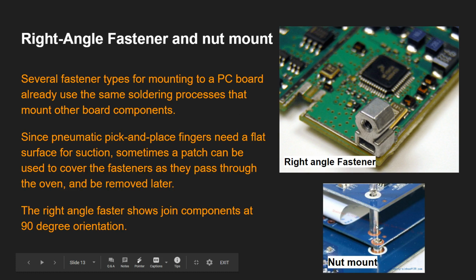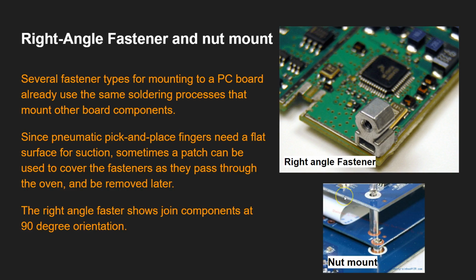So many standard types of surface mount fasteners are available, and spacers suit board to board stacking. Nut mounts like this attach boards and components, and they are an alternative to broaching nuts and any loose hardware.